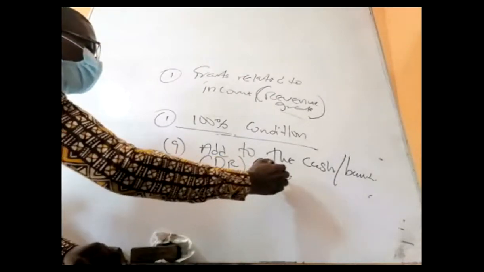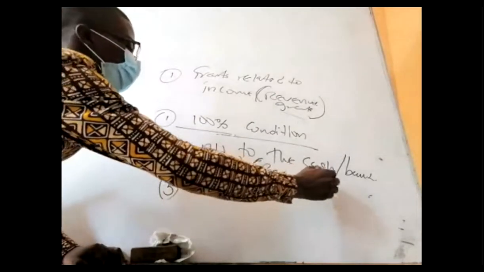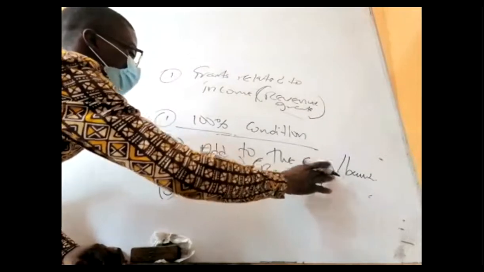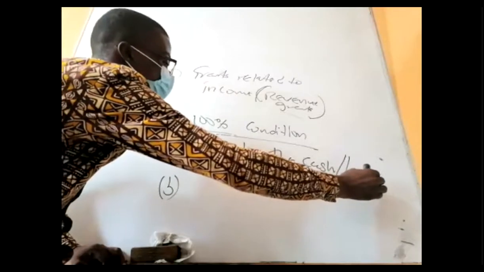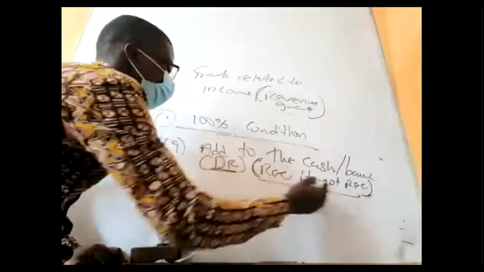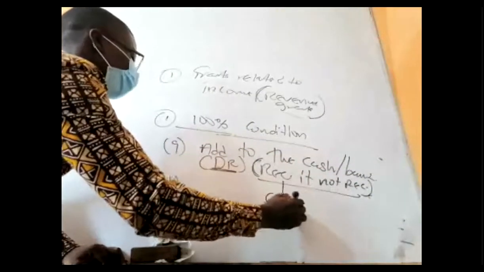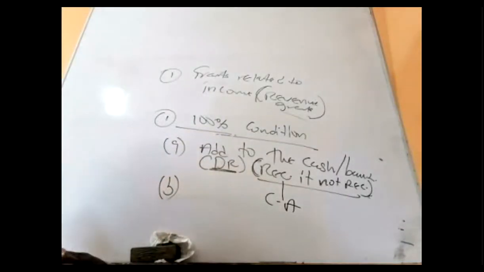And then you treat it as receivable if not received. So if you have not received the money, go to current asset and add it to your receivables. That's all. Treat it on its own, it's a special type of receivable.